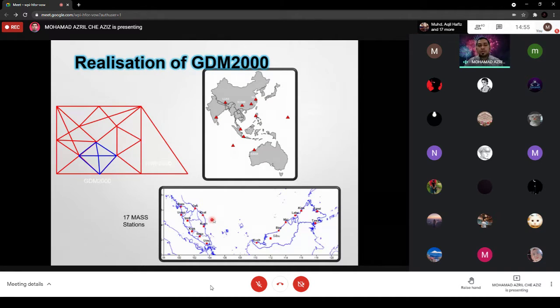So meaning each of these MASS stations will tie, will connect to the IGS stations in order to calculate and get the coordinates of each point, Arau, Ipoh for example here, Kuantan, UTM, Segamat, and the others. So those coordinates refer to the IGS stations.